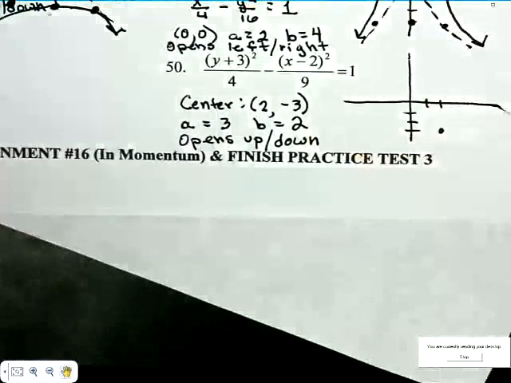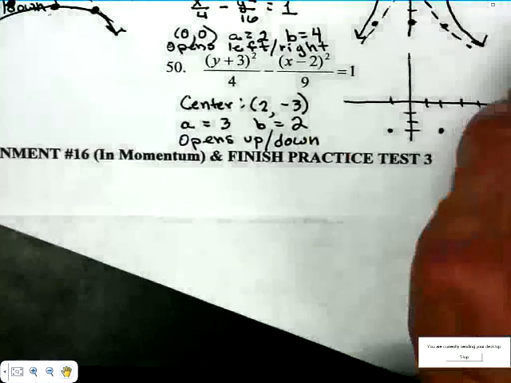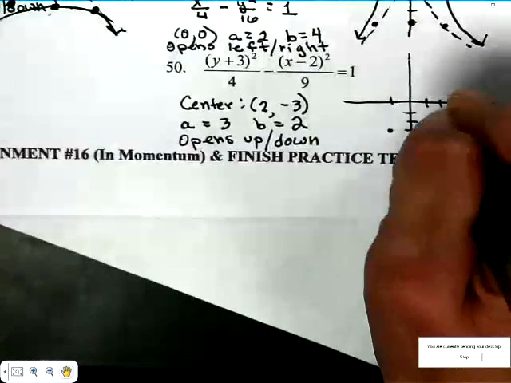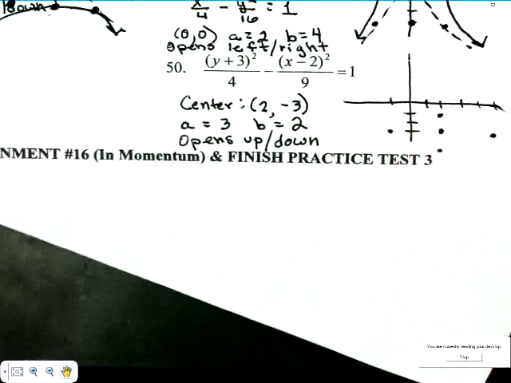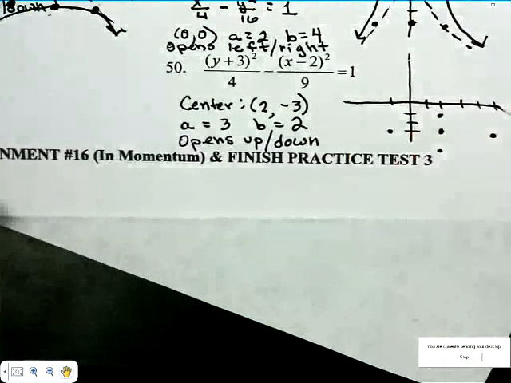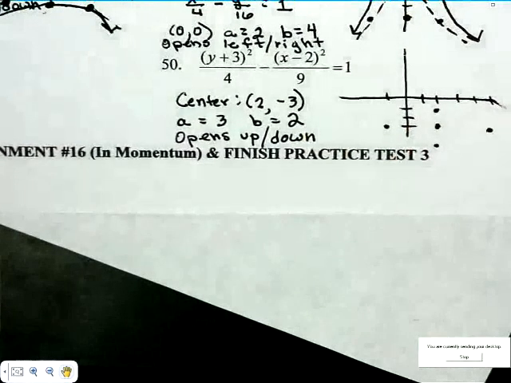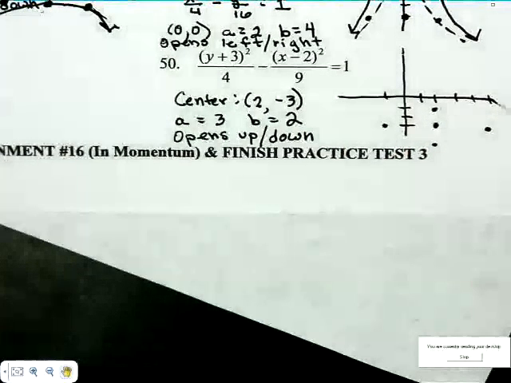Center at 2, negative 3. Left 3, right 3, up 2, down 2. If I connected those 4 exterior points, then I'd have an ellipse.